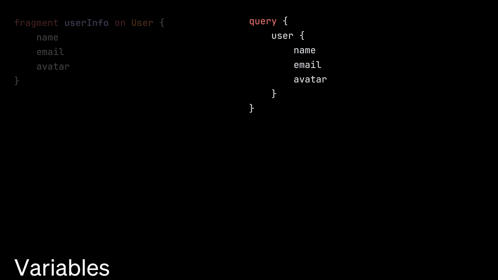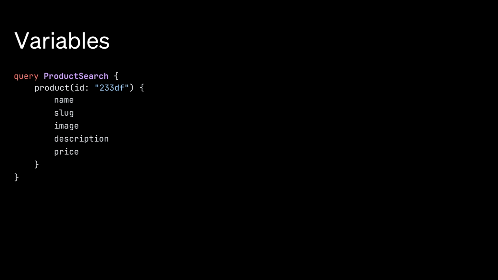Let's move on to variables. Let's say you're looking up a product with a certain ID. Doing that here, you're saying it's 233DF. Cool. But you probably want to be doing this dynamically, depending on what page you're on or something. So we can make a change here to our query.